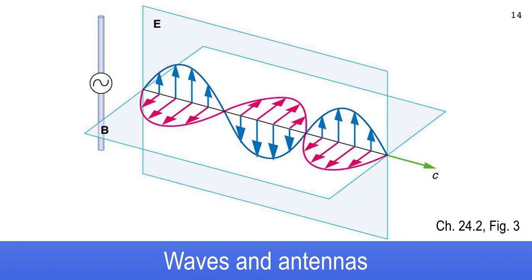It emphasizes that the blue electric field vectors are varying in size, and they're propagating out to the lower right at speed c. So that green arrow is the velocity of propagation, and the red arrows are the magnetic field.